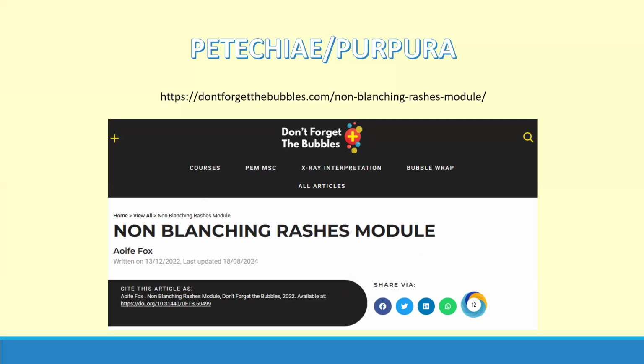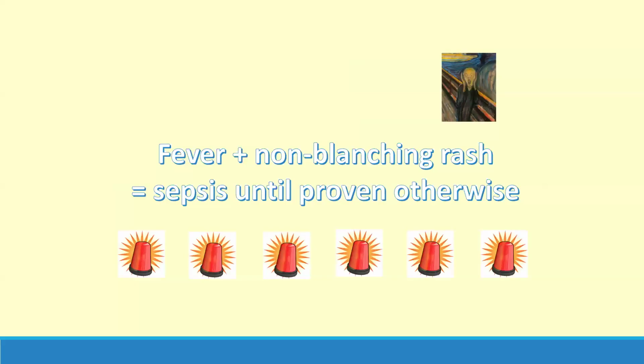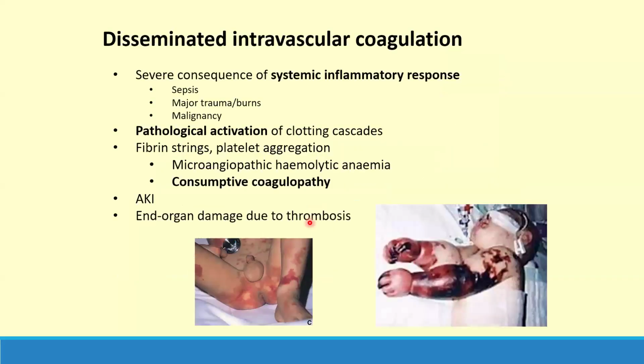Just Google. That said, we take fever and non-blanching rash, again, much like that baby with a fever, as sepsis until proven otherwise. And so you've got to do some work to prove that you've not got meningococcal disease or DIC from another cause. DIC is disseminated intravascular coagulation, which is massive inflammation consuming all of your coagulation cascade, resulting in the inability to clot small vessels.